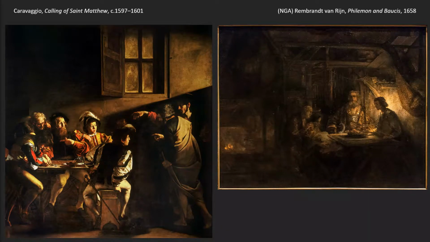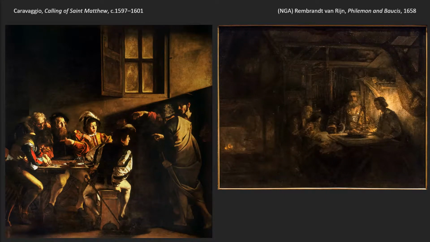But the limited color palette around ochre, earth tones highlighted with oranges and yellows, comes directly out of Caravaggio, right? Actually, it's wrong to say it comes directly out of Caravaggio because it comes indirectly out of Caravaggio. Rembrandt never went to Italy.